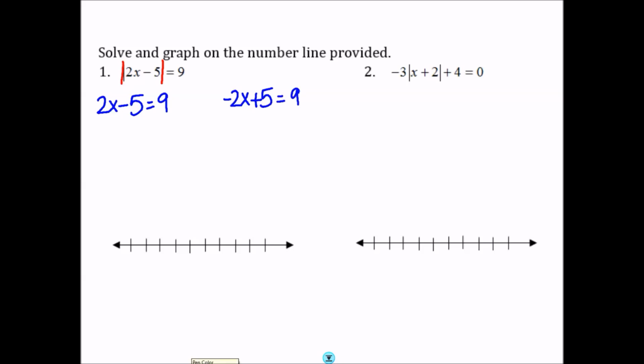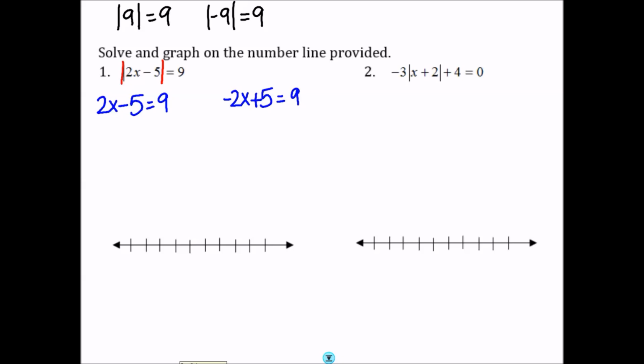Because as I just said, here the absolute value of 9 is 9. The absolute value of negative 9 is also 9. So I need to check and see what happens when the stuff inside the absolute value bars are positive and when they're negative. So step 3 is just to solve these equations.